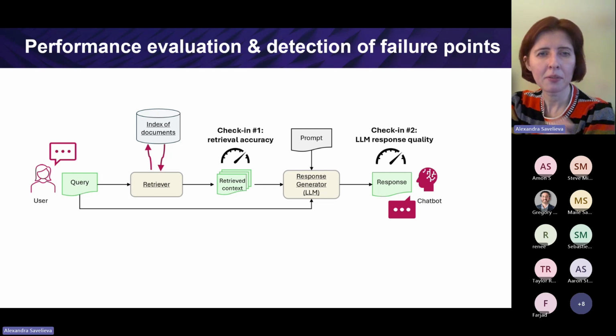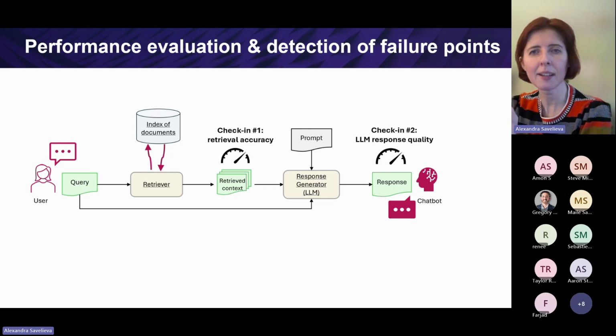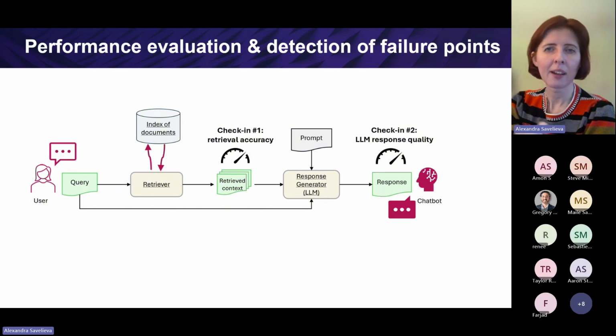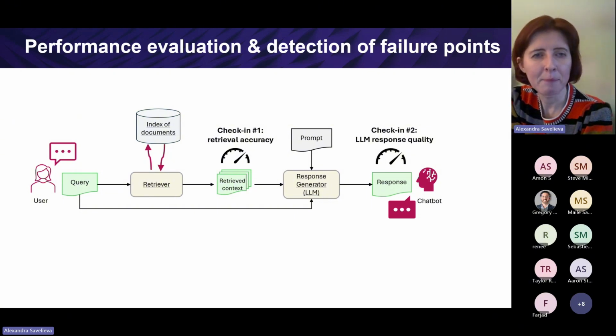You need to establish a system that includes a benchmark of questions and answers and pointers to the sources of truth. And you need to establish a set of metrics that will help you identify problematic areas in the system and also see how you progress or regress in performance over time.